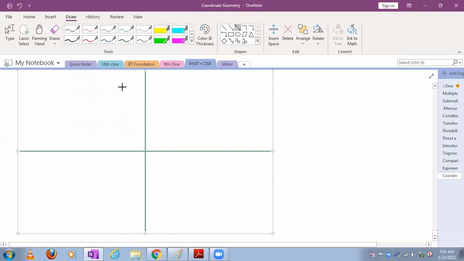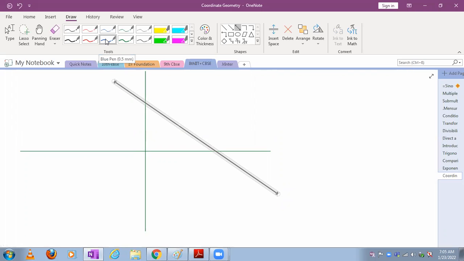There are two straight lines I will draw here. This is one straight line. Okay. And there is another straight line I will draw with respect to this.